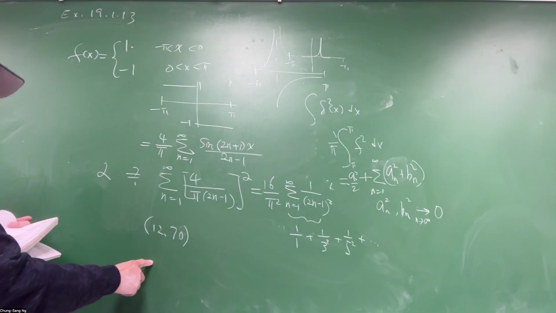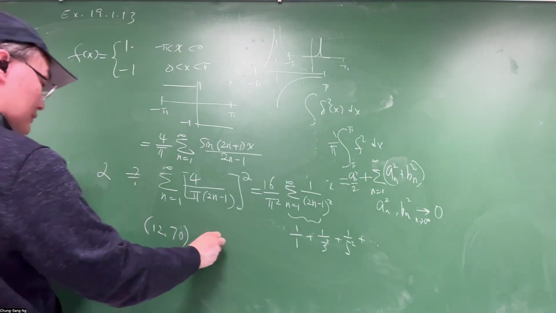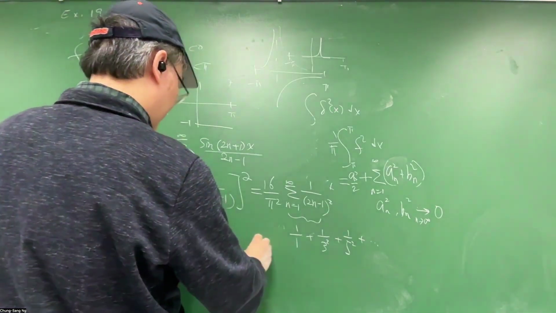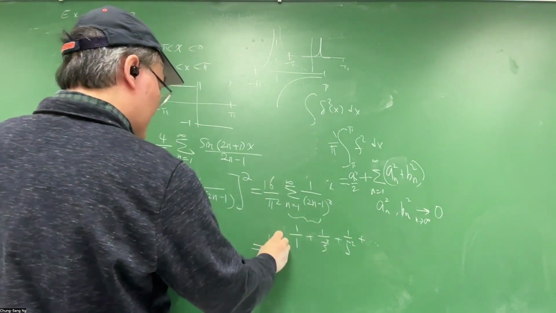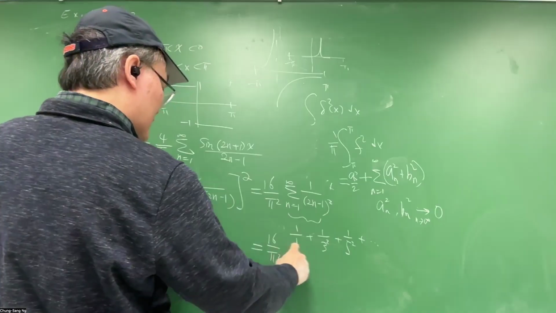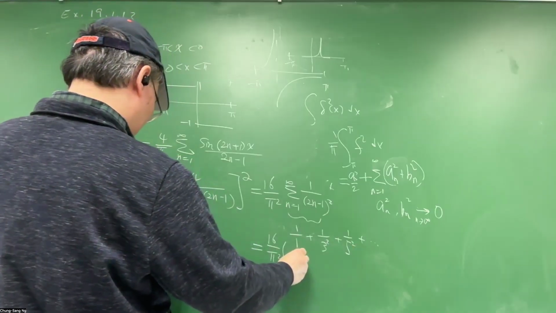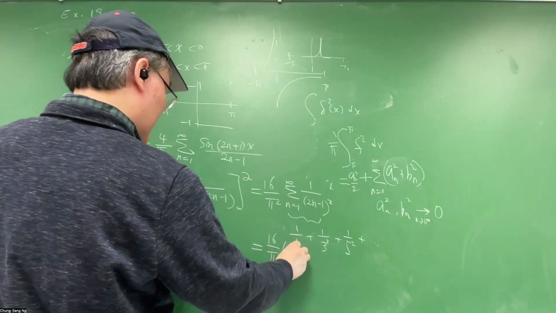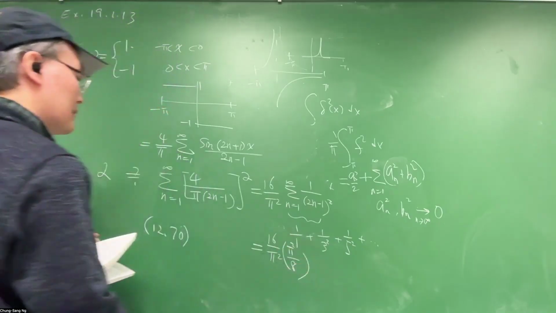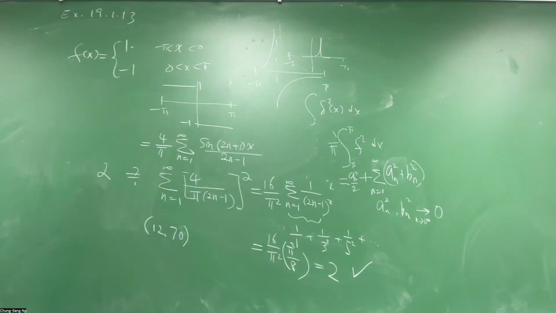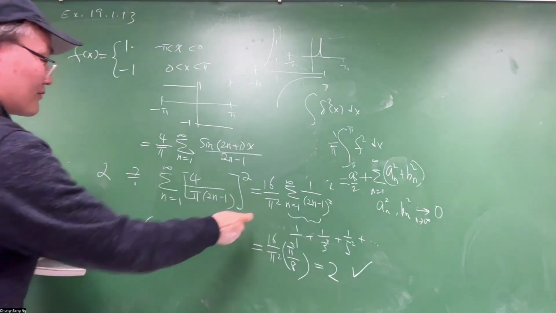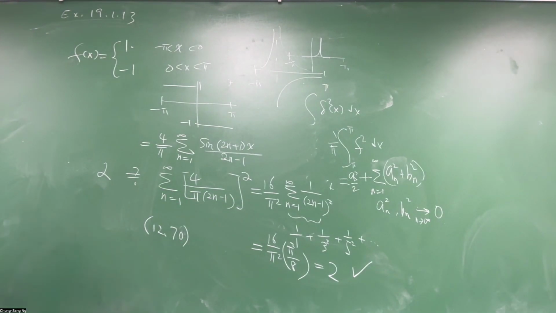The lambda squared equals, and there's a coefficient 16. This part equals pi squared over 8. So the last part requires you to do some lookup.